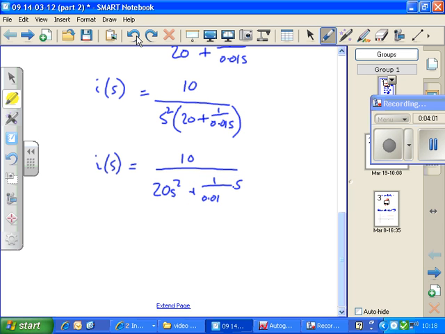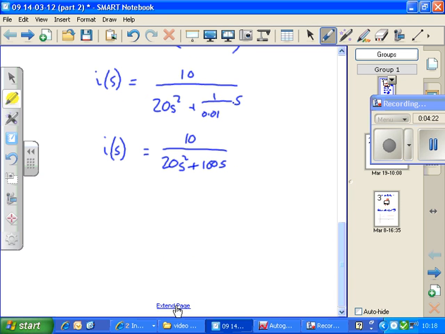Well, we can multiply top and bottom of that fraction by 100 to get rid of the 0.01. Plus 100S. And that makes things a bit more straightforward.